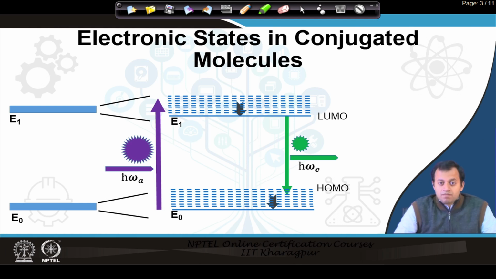Electronics engineers will simply think that I am overcomplicating things. Previously, electronics engineers simply thought about moving an electron from valence band to conduction band and current will flow. It is a bit more complicated in the case of conjugated molecules. Conjugated molecules have a large number of subbands, molecular orbitals within each band.